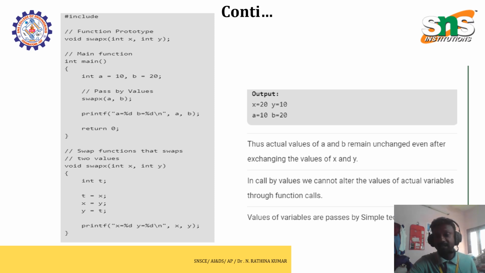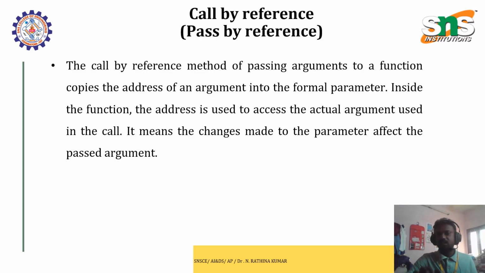Whereas call by reference: in the call by reference method, the address of the actual parameters is passed to the function as formal parameters. In call by value, we pass the value, whereas here we pass the address of the value.